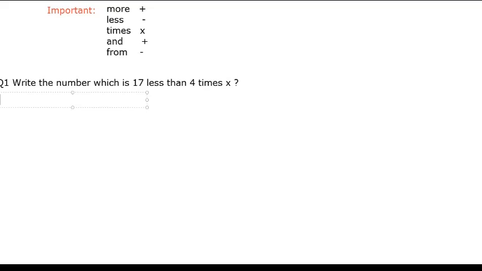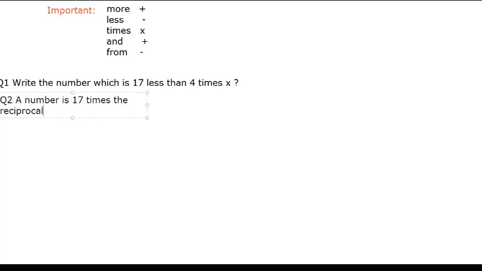Let's see. Question 2. A number, you could pause right now, finish this question, and then play again if you want more time. A number is 17 times the reciprocal.